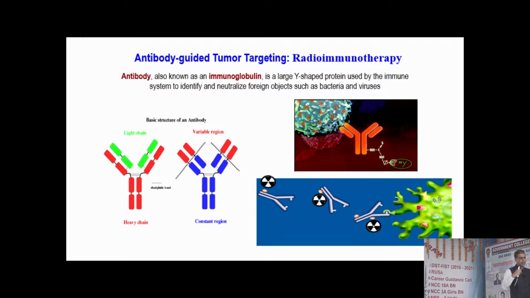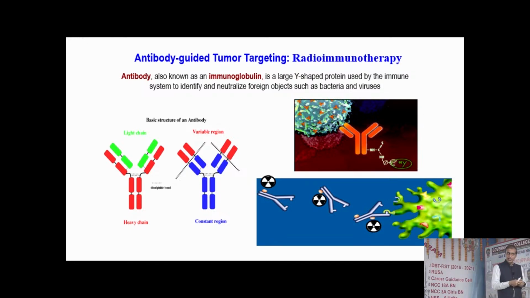That foreign thing is called an antigen, and what the body produces is called an antibody. Even when there is cancer, the cancer cells also produce different kinds of antigens. So, if you can develop the corresponding antibody and radiolabel those antibodies, what will happen? You will have a targeted-missile kind of thing, because antigen and antibody reactions are very, very specific. One particular antigen reacts only with a particular antibody.